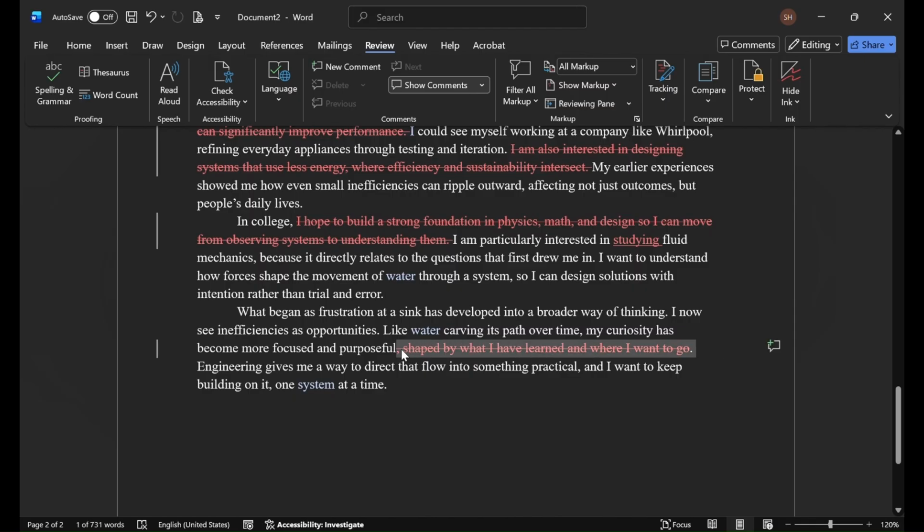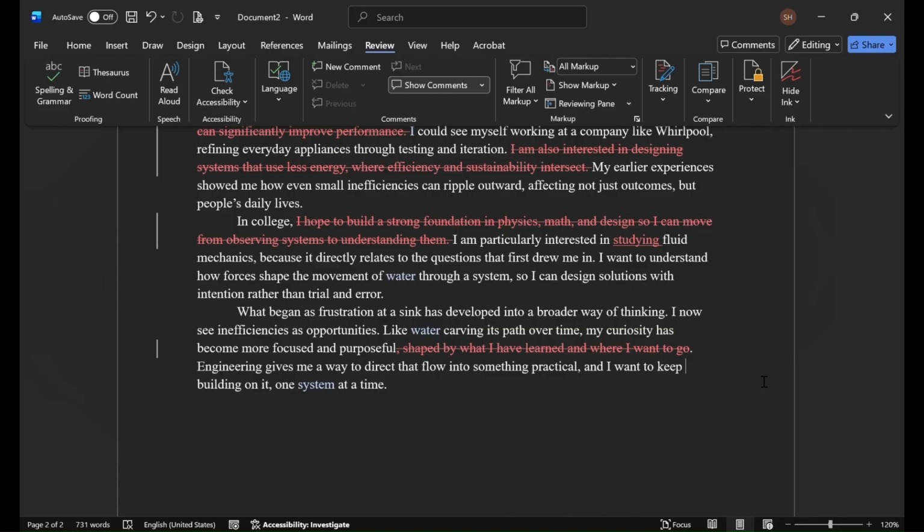And here in the last paragraph, got rid of shaped by what I have learned and where I want to go. Which again is not a bad thing to do, especially in the conclusion. It does sort of sum up and remind the reader that it was a combination of, we were looking at past memories and future goals, but we just came from that. And so, that kind of conclusion where you remind the reader of everything that's in there is not as necessary, since this is sort of a shorter piece of writing.